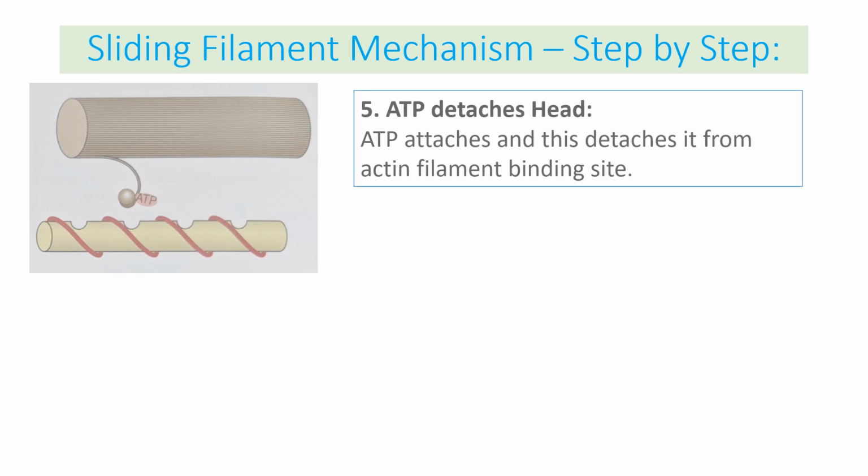So now, because the ADP has been released, there is now room to attach a new molecule to the myosin head. So a new ATP molecule is now attached to the myosin head, and that detaches the head from the binding site, and therefore the myosin head has now become removed from the actin binding site.